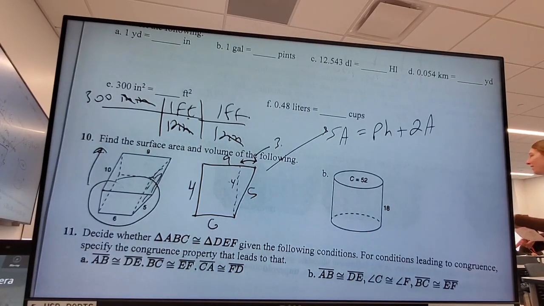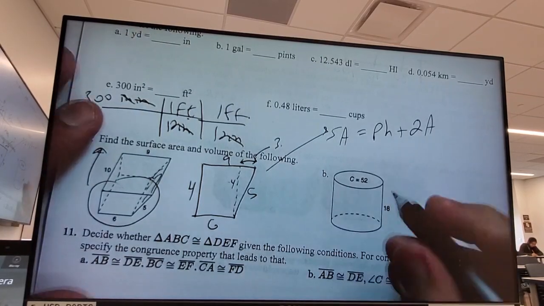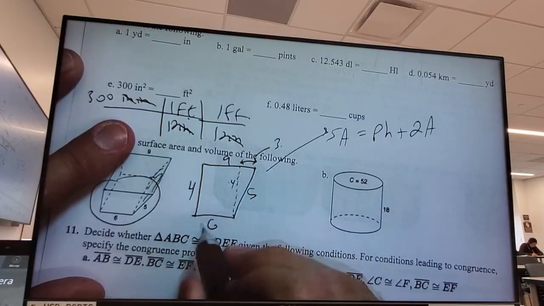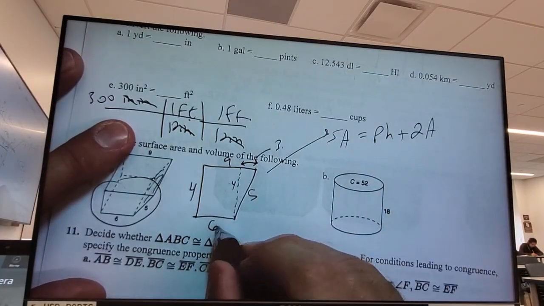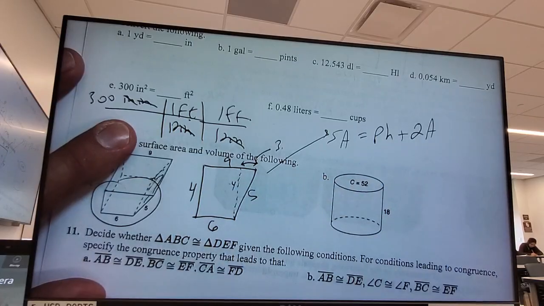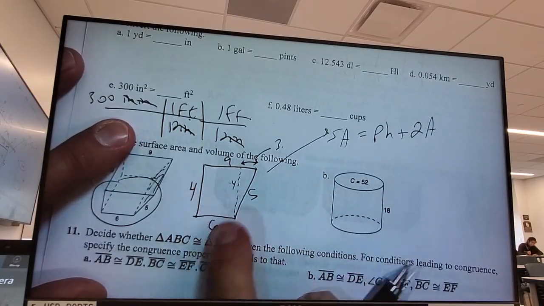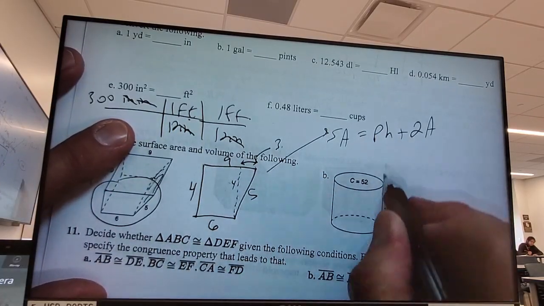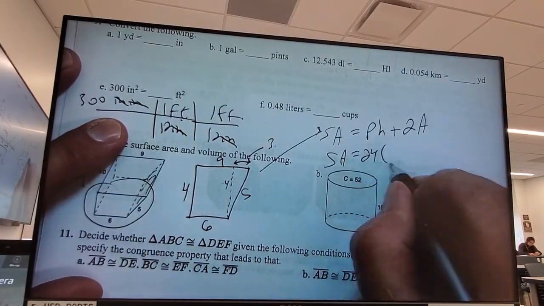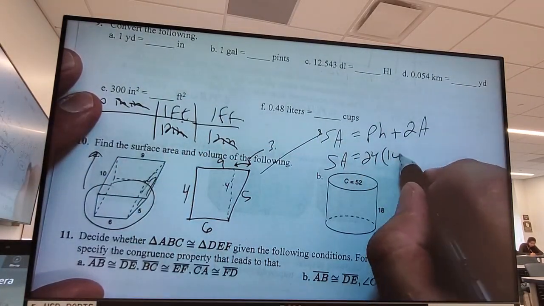Thank you. You're welcome. So, if I do this, what's the perimeter of the trapezoid? 24? Yes, thank you. And the height is 10.